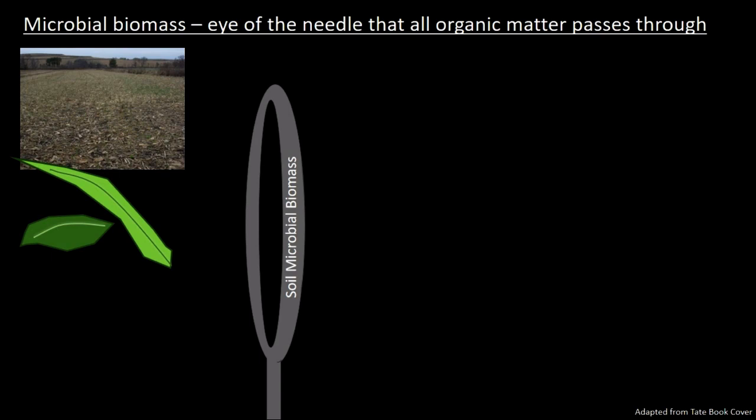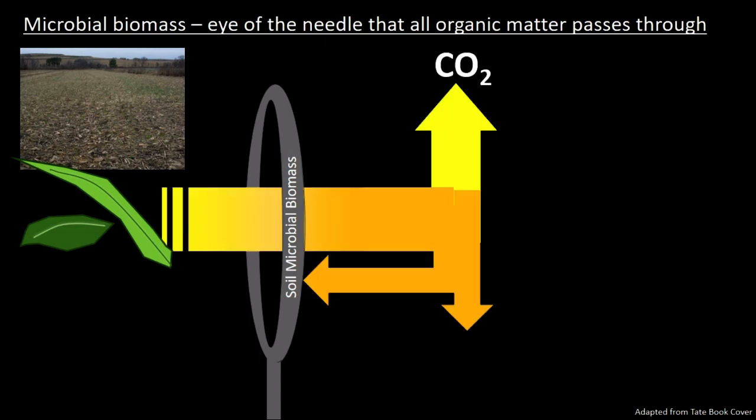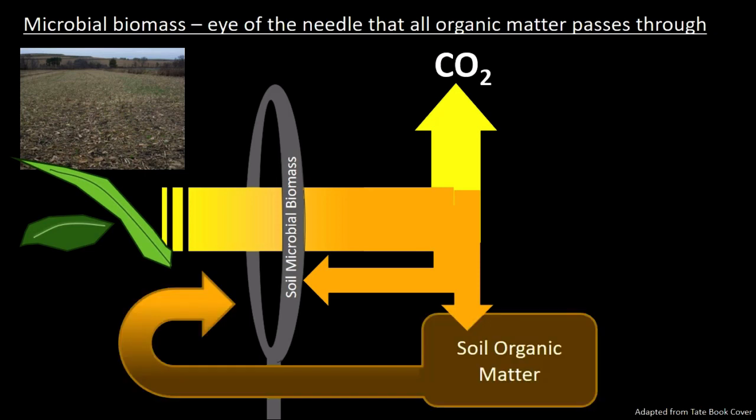Those microbes are actually kind of like the eye of the needle that all organic matter must pass through, right? We know how crucial and important they are, and it's part of the reason why a lot of these soil health tests are either trying to measure microbial biomass itself or activity of those microbes. So all residue must pass through this eye of the needle, a very small fraction of soil volume. And then that residue in organic matter gets converted to CO2.